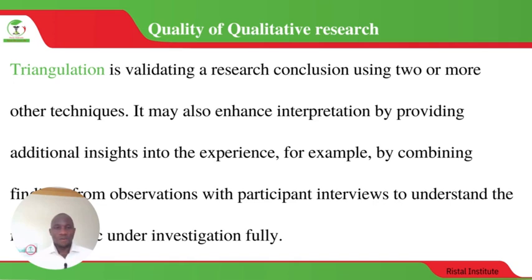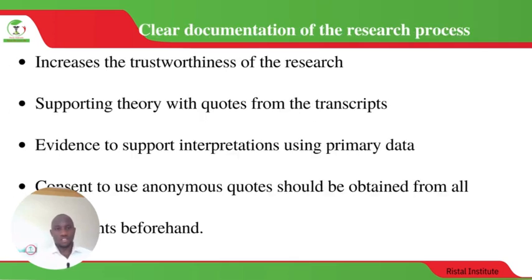So you may, for example, combine findings or use different methods to get findings on the related problem that you're investigating. Okay, so that means you're trying to get information from multiple sources. The more you get information from multiple sources, the easier it becomes to make good conclusions. So instead of relying on one source to make a conclusion, you make sure that you have other sources that you can use to reach a particular conclusion. That is what we call triangulation.